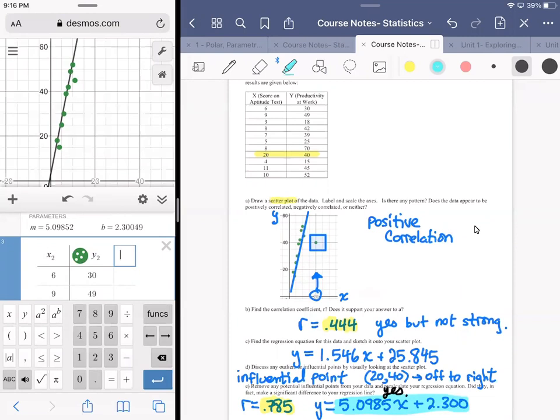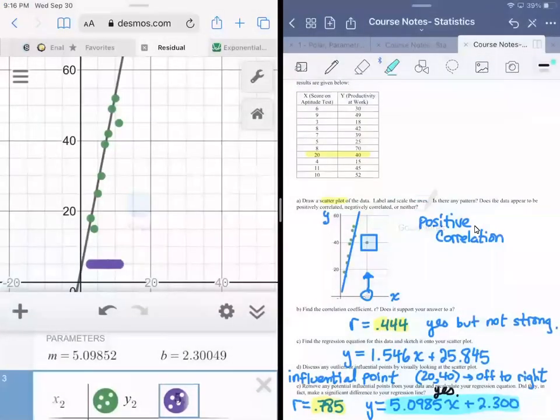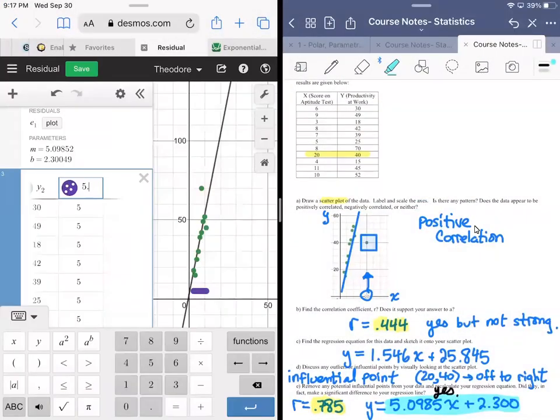What that column is going to be is the computations that you get by typing in 5.095x plus 2.3. So I'm going to type in 5 point, and it's kind of blurry here. It's annoying, because when you're working with the app, it tends to merge together.